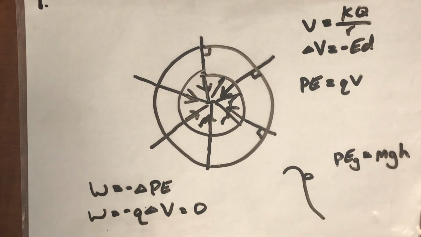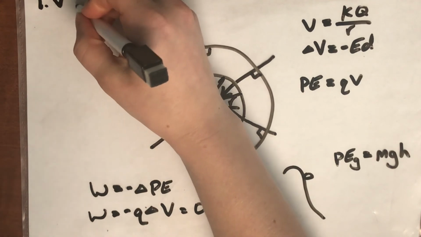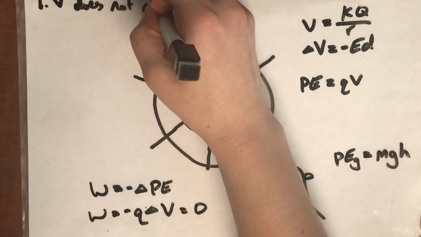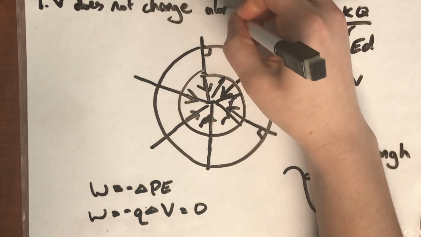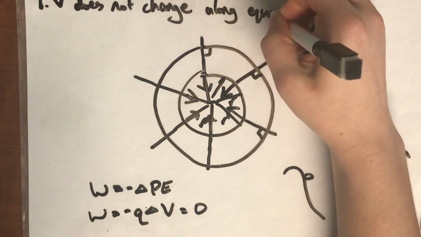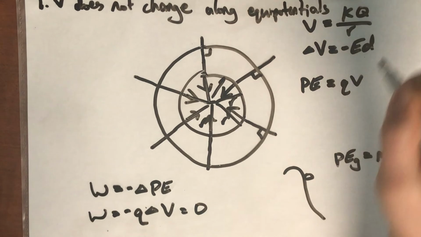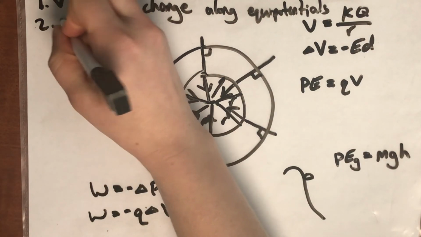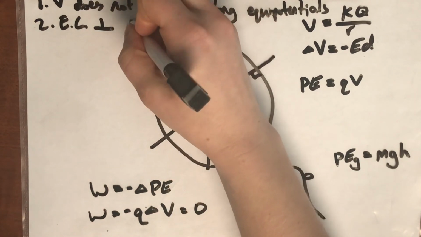So the three main points to remember is that the voltage or electric potential does not change along the equipotential lines. The second point is that equipotential lines are always perpendicular to field lines.